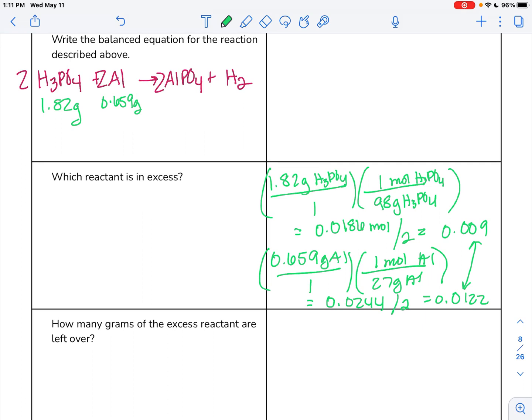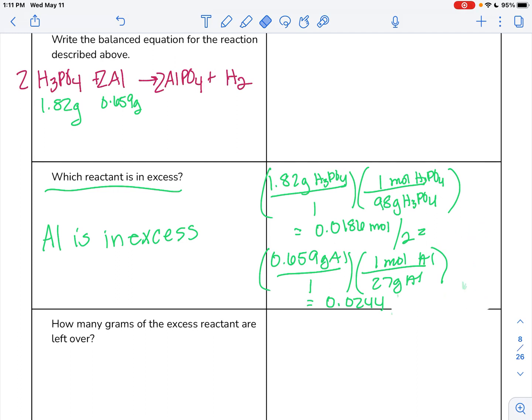So our limiting reagent here is going to be our acid because 0.009 is lower than 0.0122. So for the question, it asks which reactant is in excess. And we know it's aluminum. So now that I've answered that question, I'll go ahead and delete the dividing by the coefficient part so that I don't get confused for any future questions.